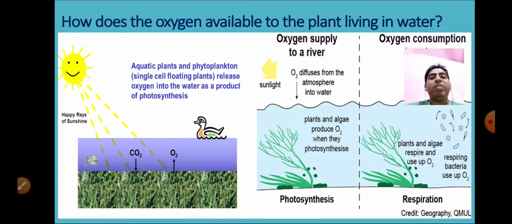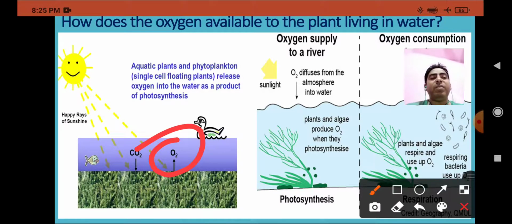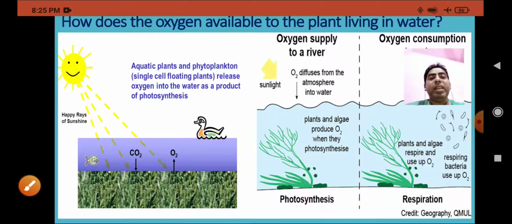With the evolution of oxygen, it is released into the water, and this oxygen is utilized by different organisms. Phytoplankton, which are small single-cell floating plants, release oxygen into the water as a product of photosynthesis.